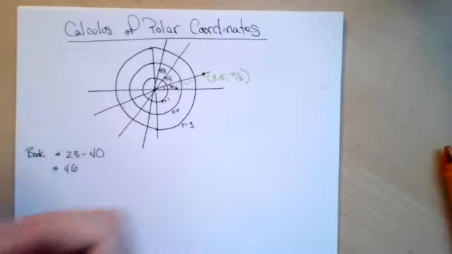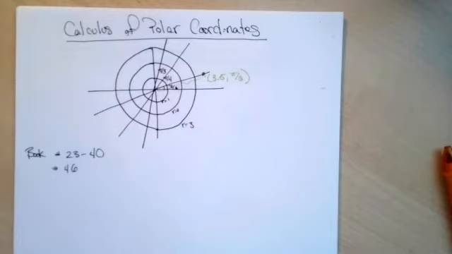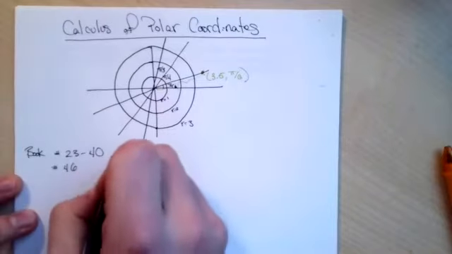Number 46 is like a matching problem where they give you a bunch of different graphs, and you've got to match the functions to the graphs. And then 23 to 40 is just sketching the curve. So practice a few of these, try to get a feel for what these look like. Especially with 23 to 40, you can always try to graph a few and then check Desmos to see if you're plotting them correctly.